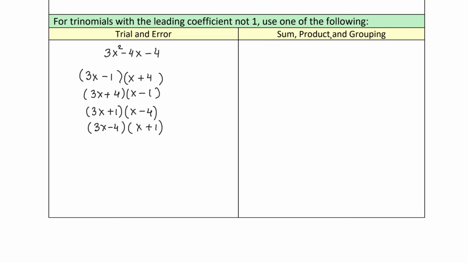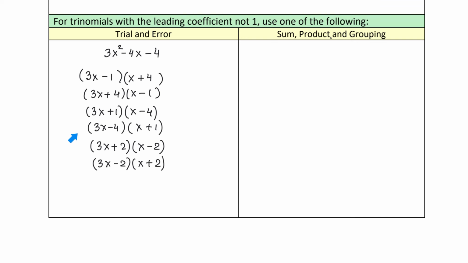And now two more numbers whose product is negative 4 are positive 2 and negative 2. Then in this case, we can write 3x plus 2 in the first parenthesis and x minus 2 in the second, or 3x minus 2 in the first and x plus 2 in the second.